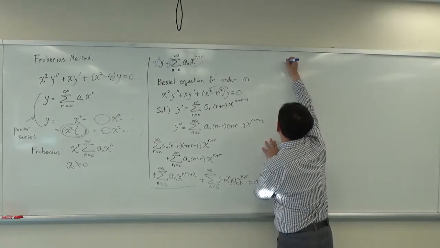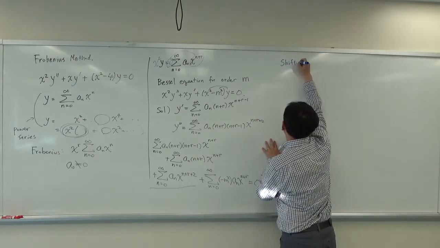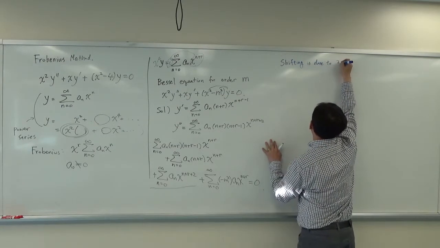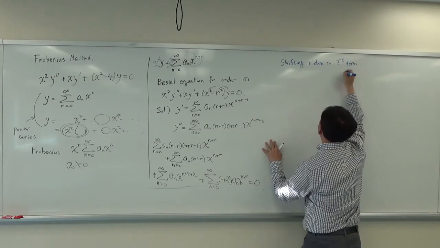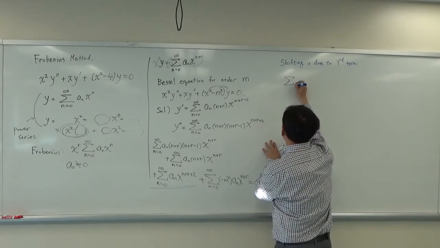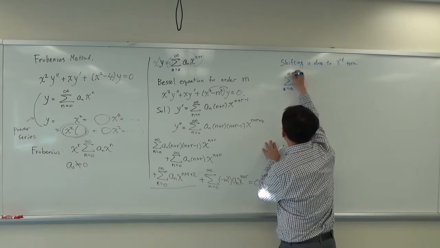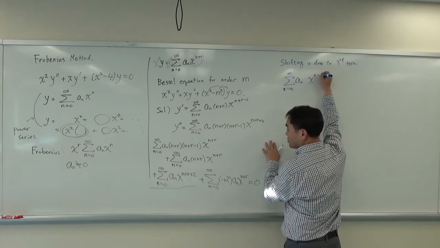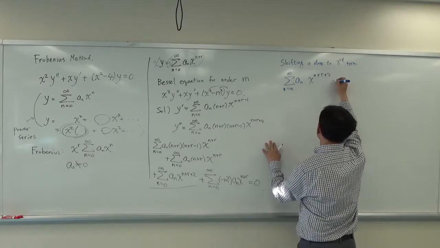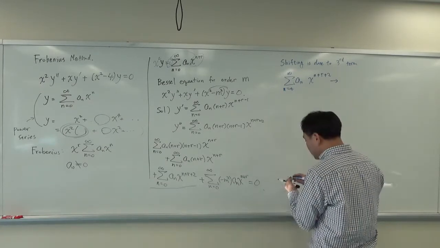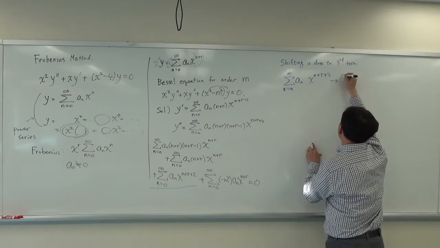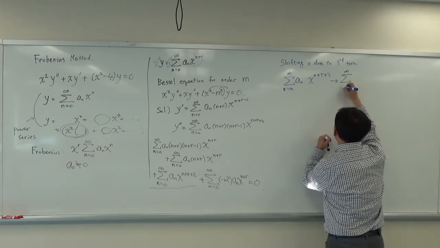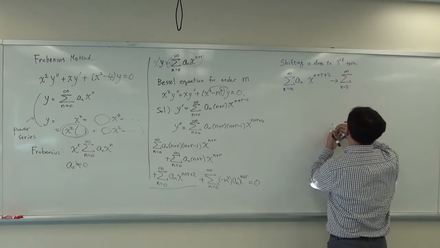So here's the shifting. Shifting is done to the third term by the following. We have the summation of n equals 0 to infinity of a_n x to the n plus r plus 2, and for any of the n that you see, all the n is replaced by n minus 2.